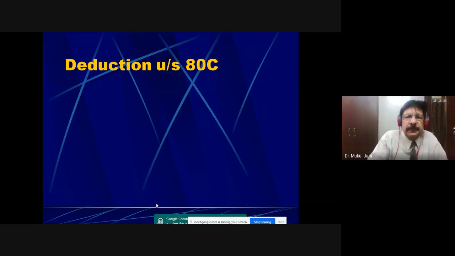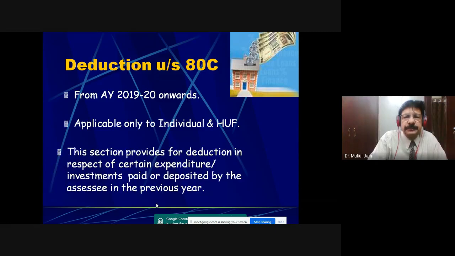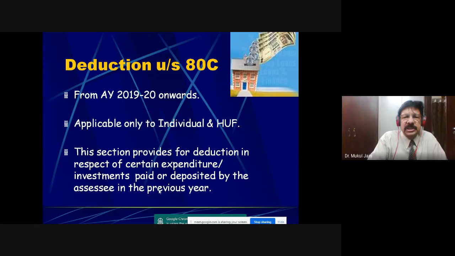So 80C, from assessment year 1920 onwards, it is applicable only to individual and HUF, and this section provides for deduction in respect of certain expenditure or investments paid or deposited by the assessee in the previous year. So for example, now 1920 has become a previous year and 2021 has become the assessment year.